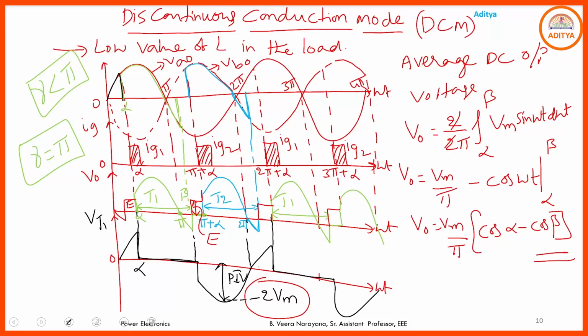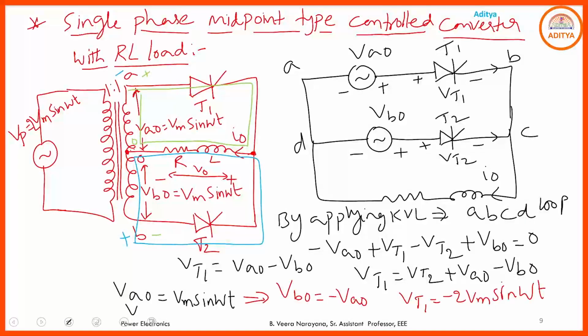Another drawback is that in the circuit configuration you have the isolation transformer whose secondary winding is provided with a center tapping. Hence the transformer design is difficult and the transformer utilization factor is very low compared to the bridge type full wave converter. Here the source voltage is represented like 2 Vm sin omega t.